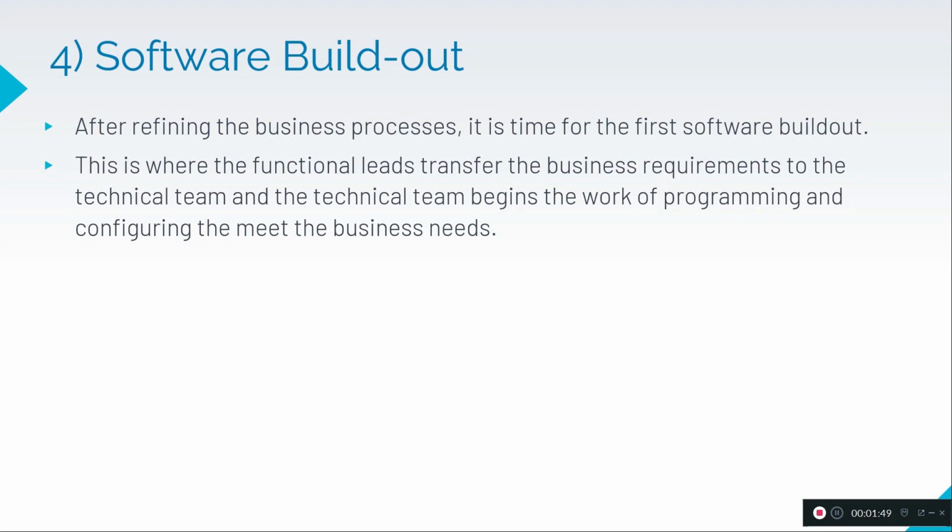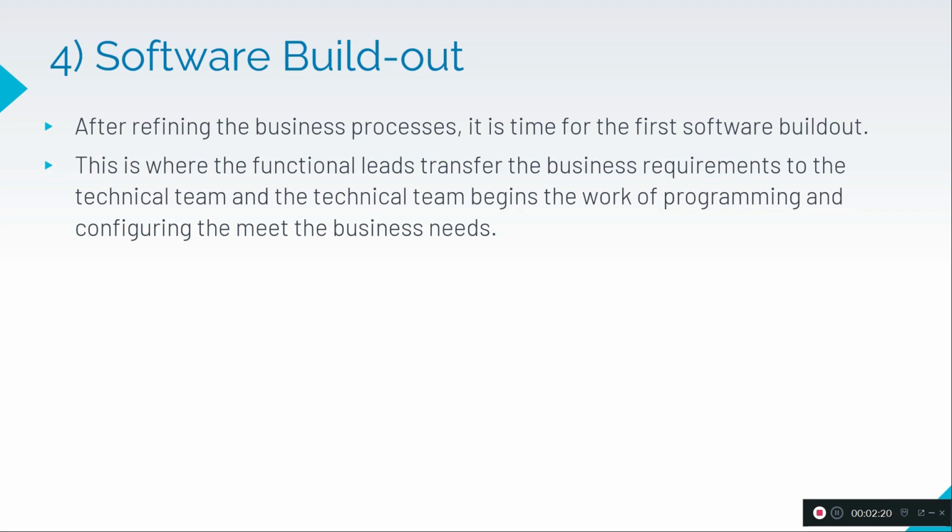Software build out. After redefining the business process, it's time for the first software build out. We already have the software which we have implemented at hundreds of different customer locations. So we are taking the software product which we have in our organization, and creating the first software build for this particular project.